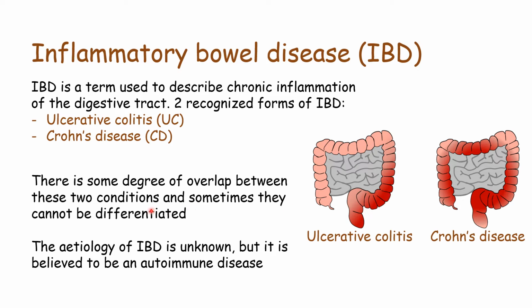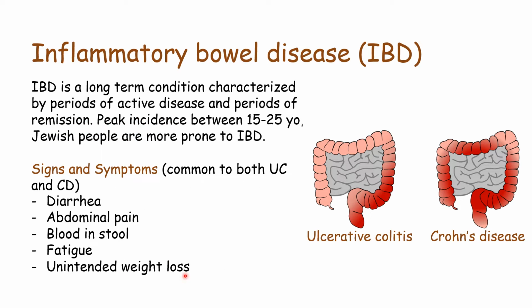Now just bear in mind that there is some degree of overlap between these two conditions, and sometimes they cannot be differentiated. So the etiology or the cause of IBD is unknown, but it is believed to be an autoimmune disease. So IBD is a long-term condition characterized by periods of active disease and periods of remission.